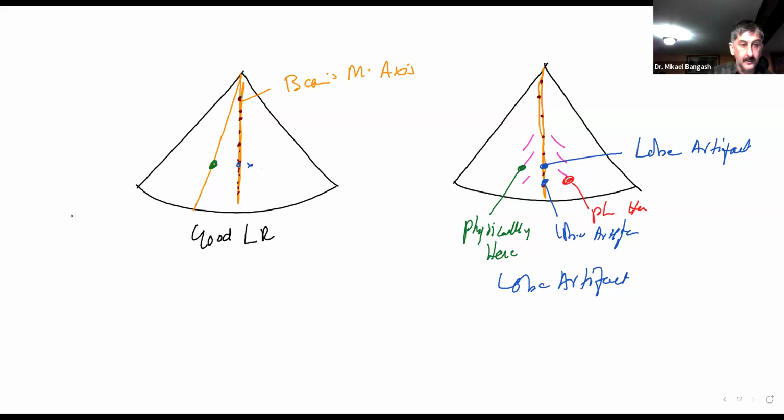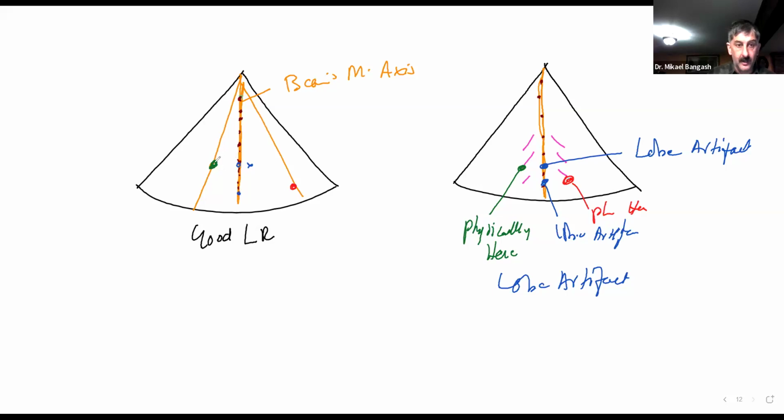Likewise, when our beam goes this way, the structure that physically was here is going to appear here, and it will not appear here.